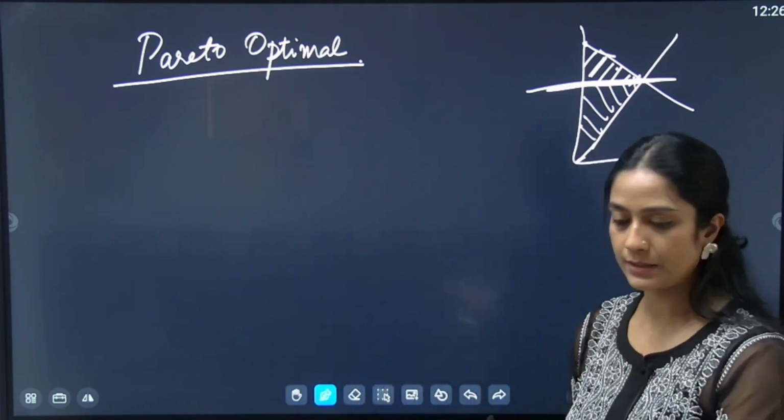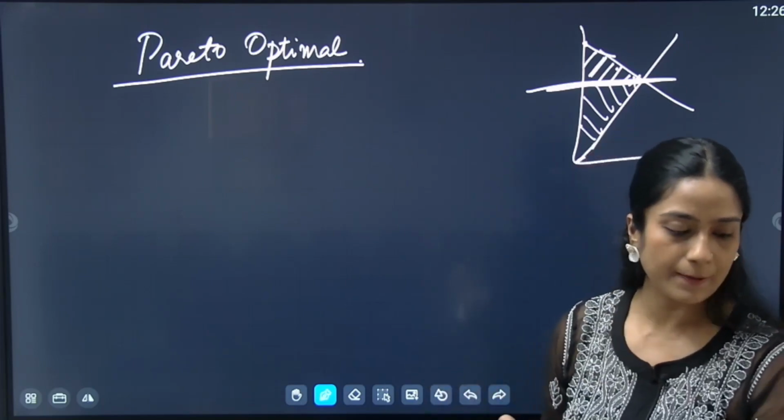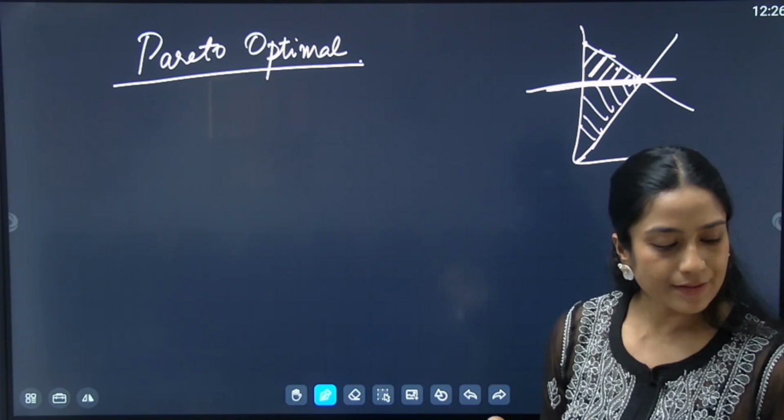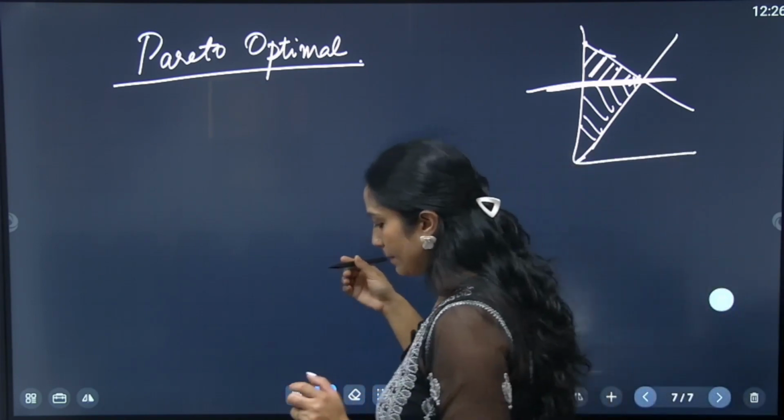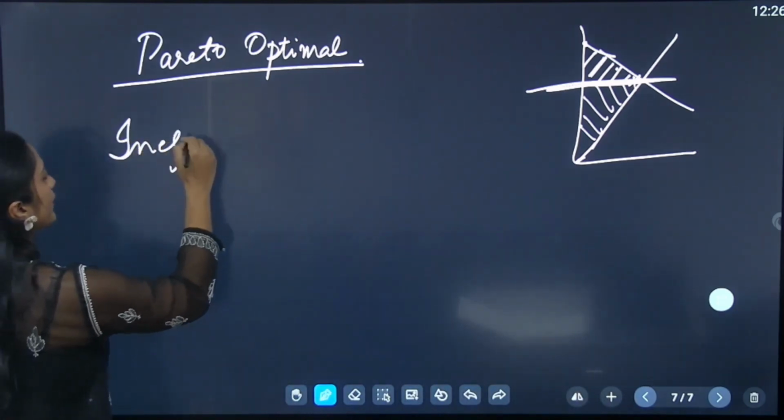Okay. So for that, let us define a few concepts. The first thing that we will do is, let us recap what inefficient was, right?